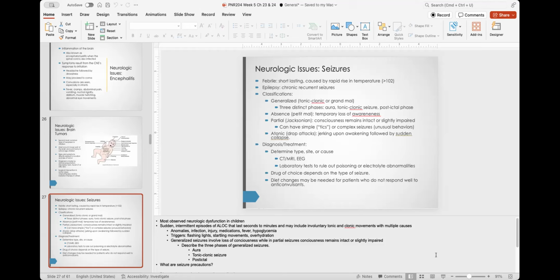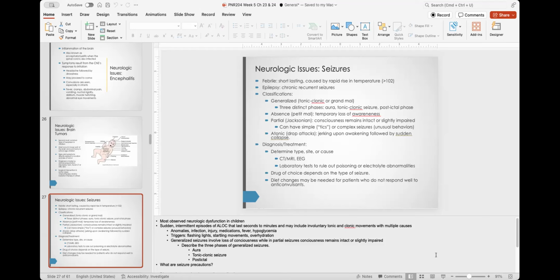In our absent seizure, that's the daydreaming seizure. So we kind of stare off into space, we kind of check out for a minute, but we never lose consciousness. Partial seizures, again, we stay completely conscious, but those are only affecting one portion of our body. So we might only see it in one arm, one leg, maybe one side of the face.